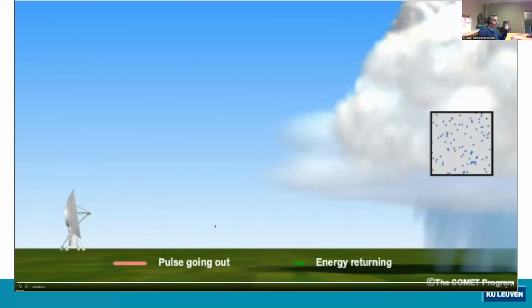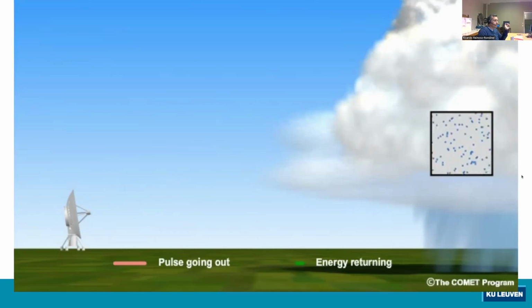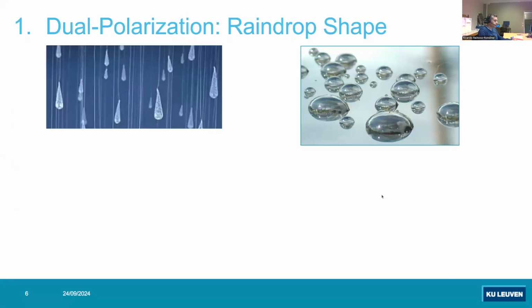It doesn't measure rain directly, but it just measures the power back from the scatterers that cross the path of the beam. What we do is normalize this power in order to obtain reflectivity, which is probably a word most of you have heard about. Anyway, I will come back to that in a moment.